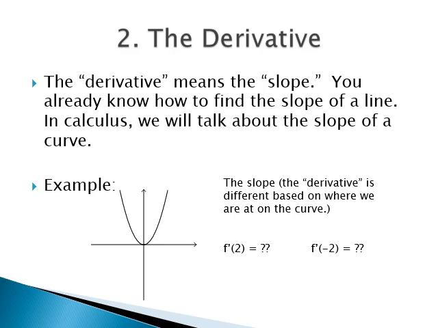I'm not totally sure how to do that right now, but those symbols that you see on the bottom, f prime of 2 and f prime of negative 2, that's our fancy way of asking you to find the slope of the curve at those x values. And again, not really sure how to do that right now, but I know that at x equals 2, that graph of the parabola looks like it'll have a positive slope. At x equals negative 2 looks like it'll have a negative slope. And we'll see how to use some tools of calculus to actually calculate the numerical value of that slope.